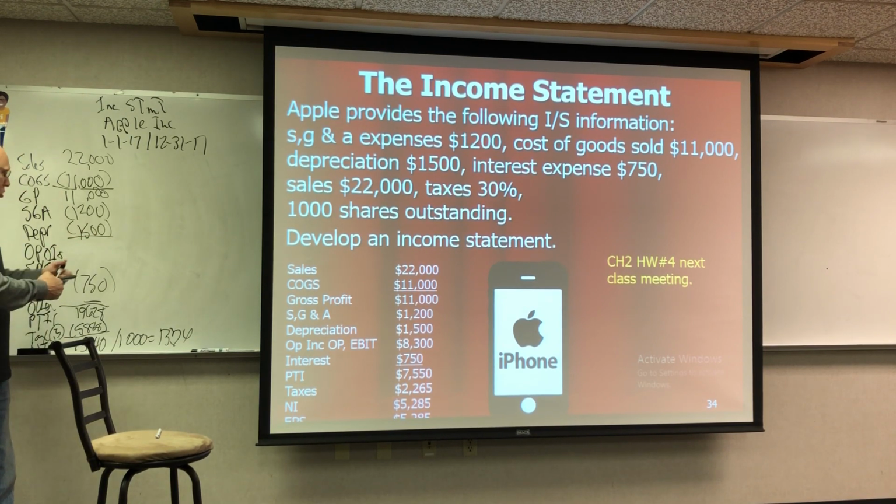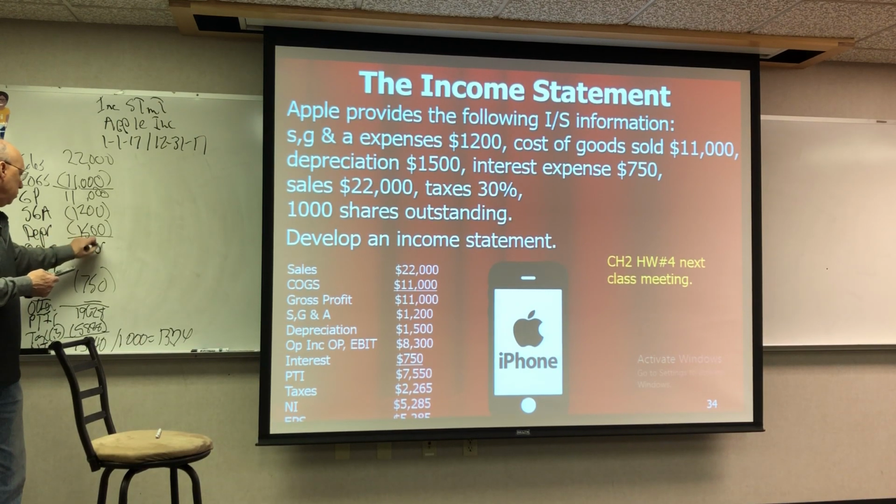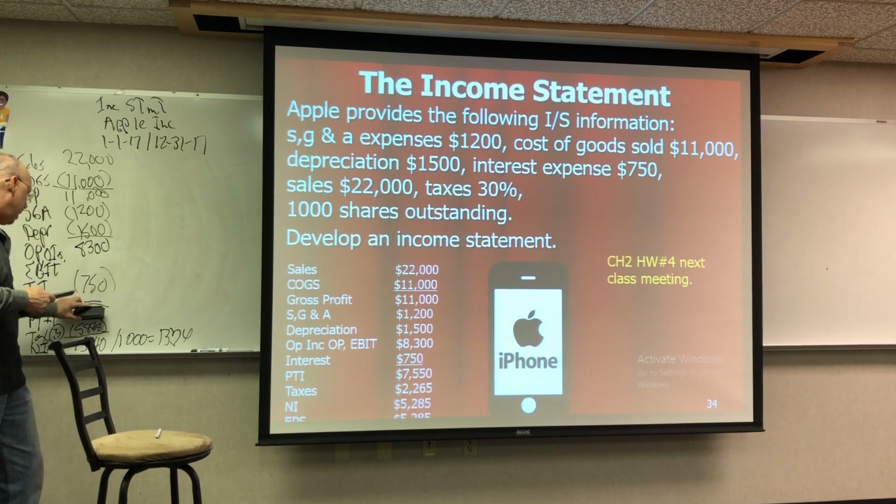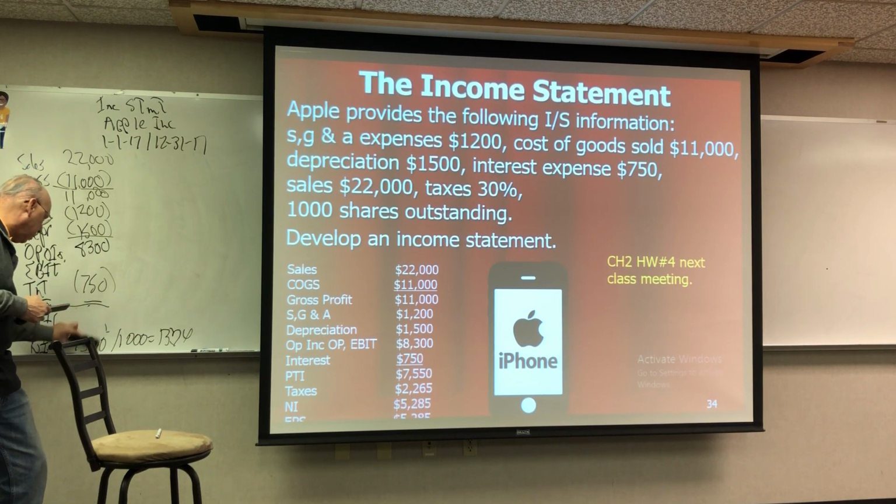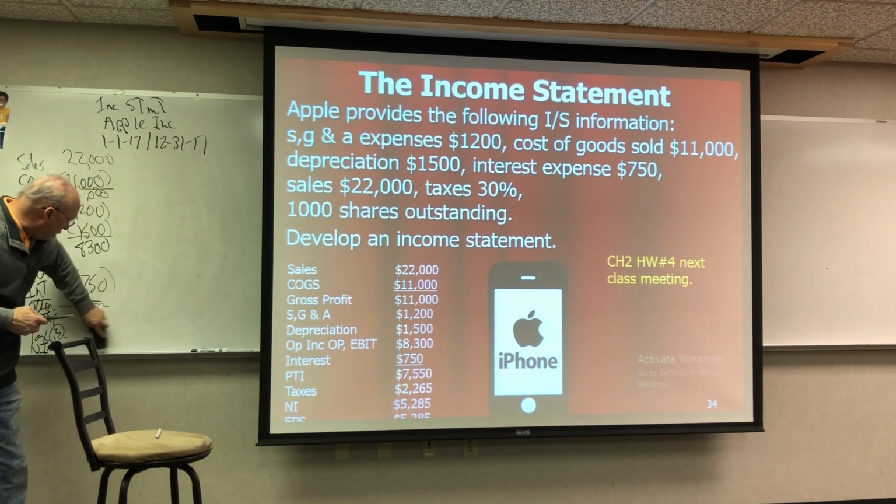So let's go ahead and just use this. So we have 11,000 minus 1,200 minus 1,500 equals 8,300 minus 750 equals 7,550. We right there? Yeah, there we go. Now we're back on track. I thought that looked a little bit weird, but mistakes happen.